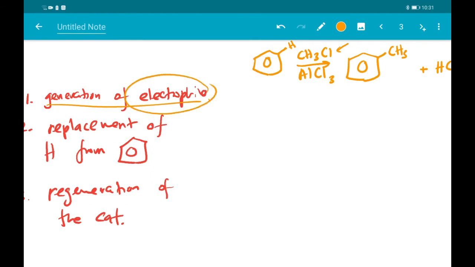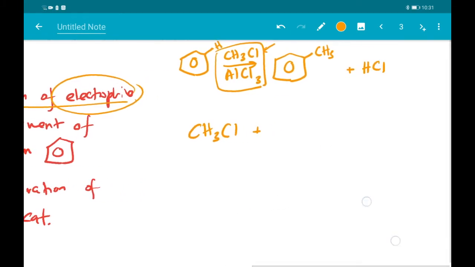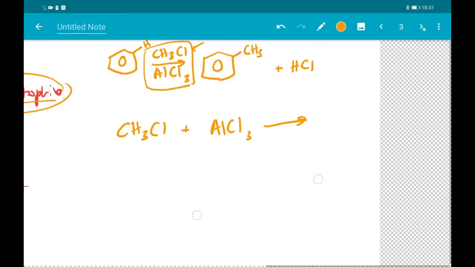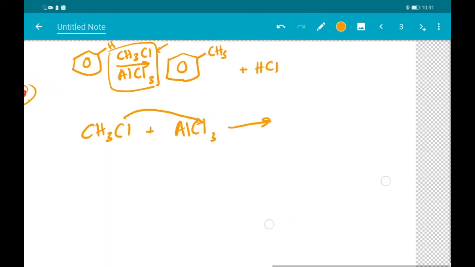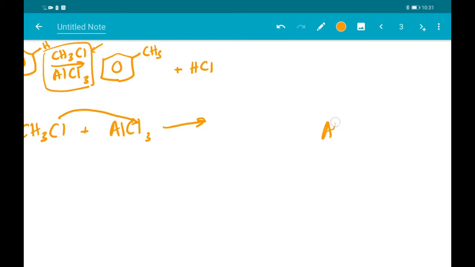Based on this, we need to show first how the electrophile is generated. The electrophile can be generated from the reaction between the catalyst and the reagent, CH3Cl, and then we add AlCl3. What's going to happen is the Cl will be attracted to the AlCl3 to form AlCl4.